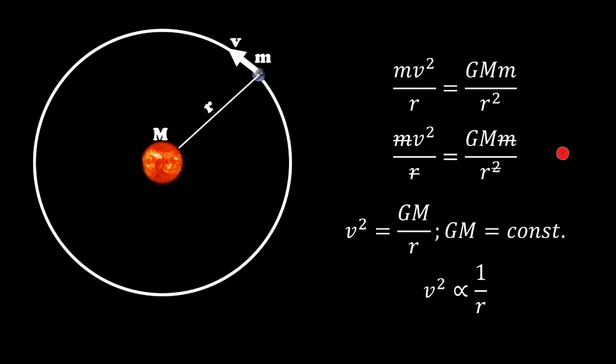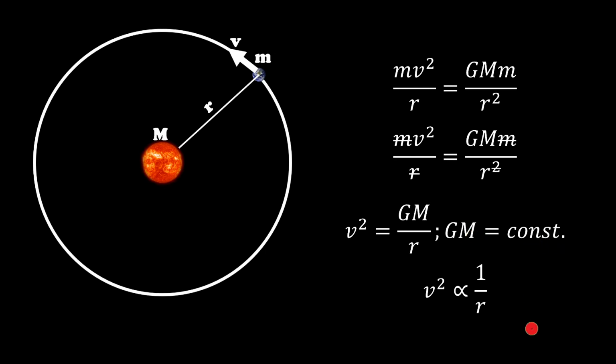So we can see that the two little m's on each side cancel. One of the r's cancels, and we're left with v squared equals GM over r. And in this case, G is the universal gravitational constant, and M is the mass of the sun. Those are both constants.